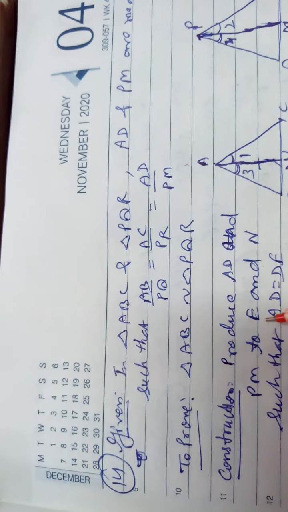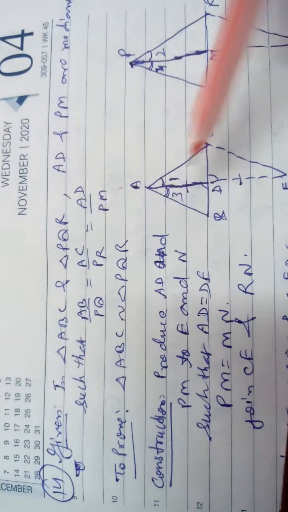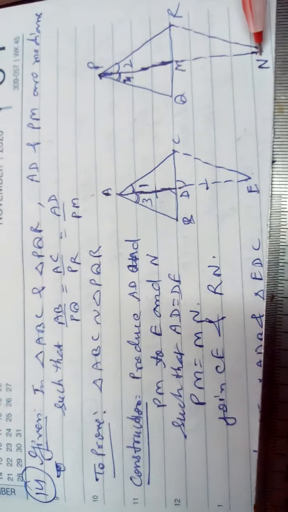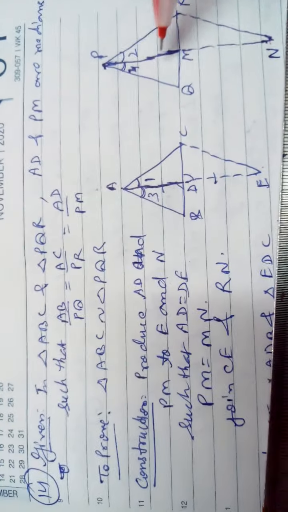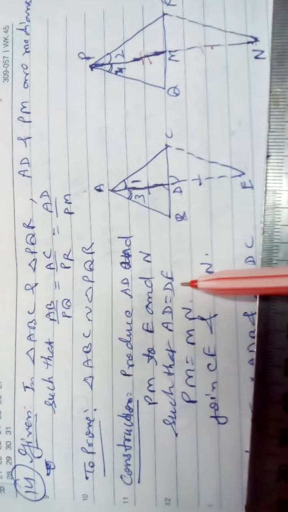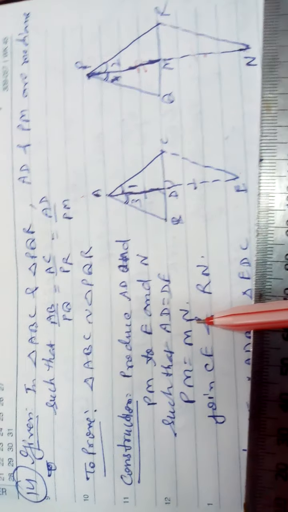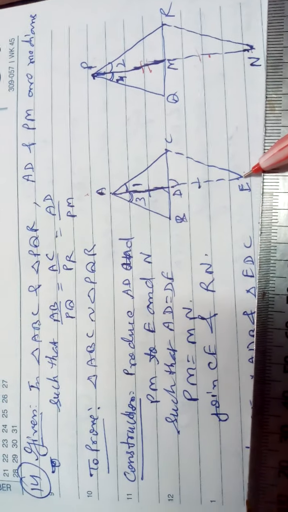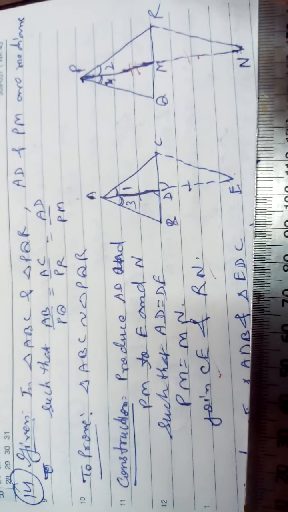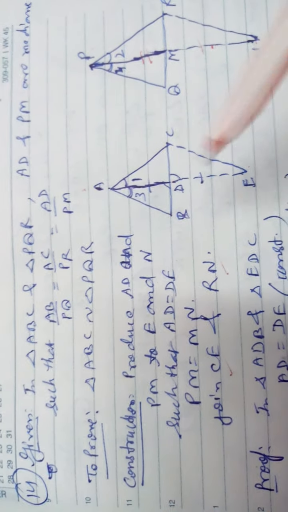What is the construction? Produce AD and PM to E and N. How will you produce? AD you produce to E and PM produce to N, such that AD is equal to DE and PM is equal to MN. Equal medians produced. Join EC and NR. Now you take these two triangles.